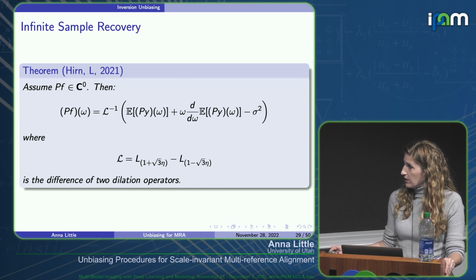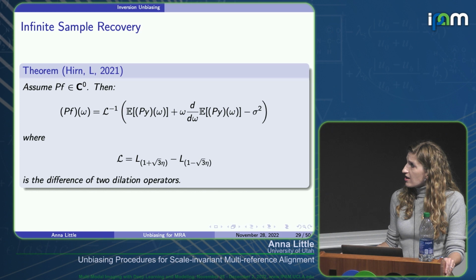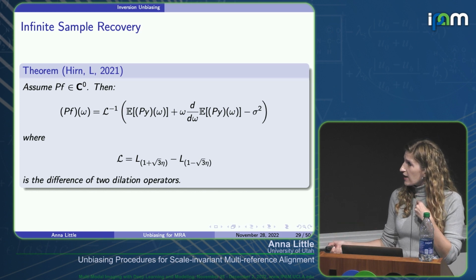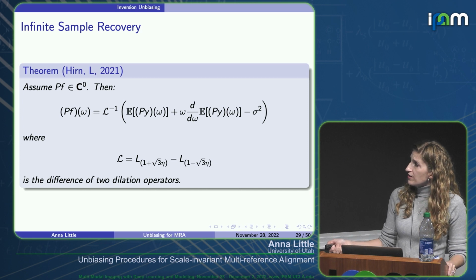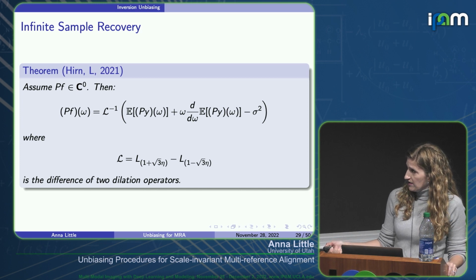You would be able to essentially observe this, and what you can show is that if you compute this plus some omega times the derivative of that, with some additive noise unbiasing, and then apply the inverse of this operator L, where L is the difference between two dilation operators, then you actually recover the power spectrum of the noisy signal.